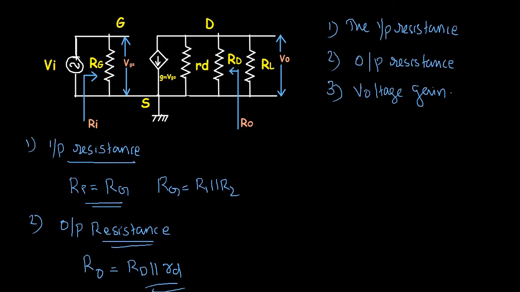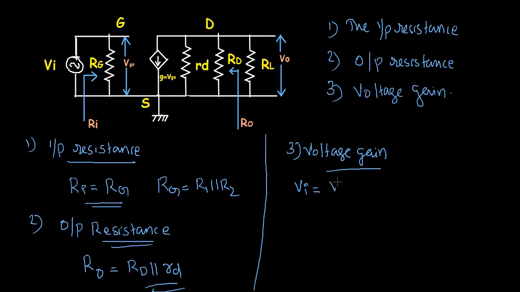Next, we have to find the voltage gain. Voltage gain is output voltage divided by input voltage. Here the input voltage Vi is equal to VGS, that is the gate source voltage. And the output voltage is the product of current and resistance.